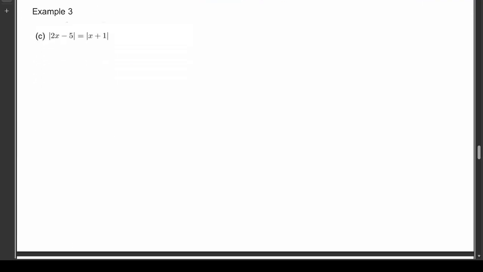Okay, C, this one is both side modulus. Both side modulus, I think we did one example like this, right? Which is basically you can have both side positive, or just one side either left or right is negative, right?